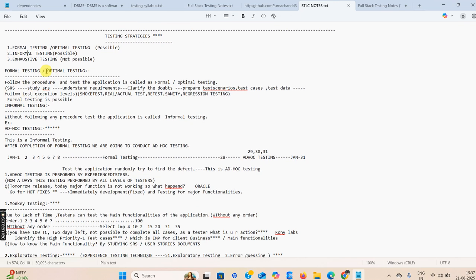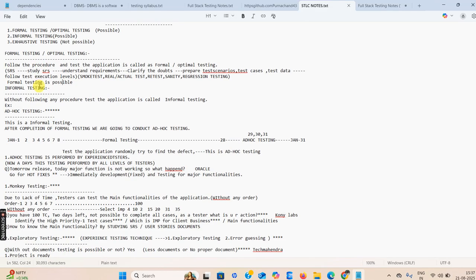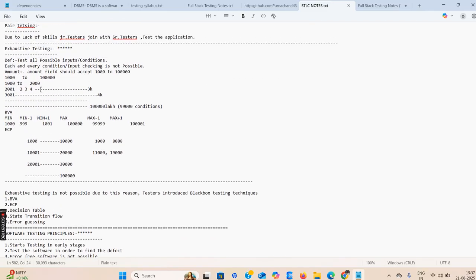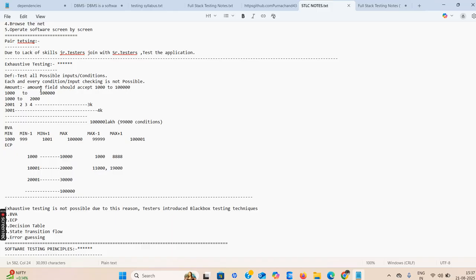So now, formal testing and informal testing. Following the procedure and testing the application is called formal testing. Without following the procedure and testing the application is called informal testing. And what does exhaustive testing mean? Exhaustive testing is testing all possible inputs or conditions. Is checking each and every condition and input possible or not?